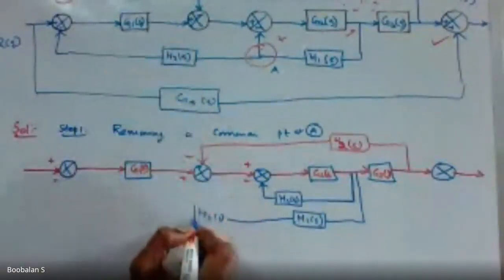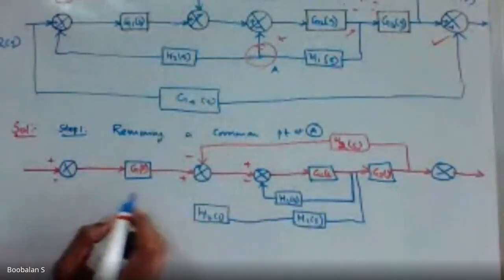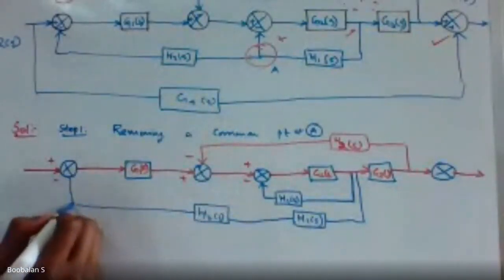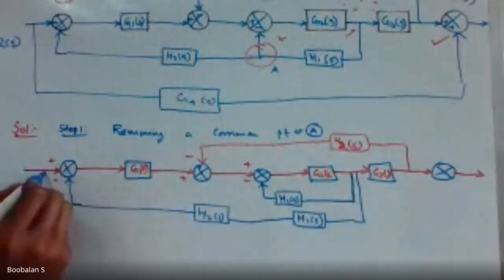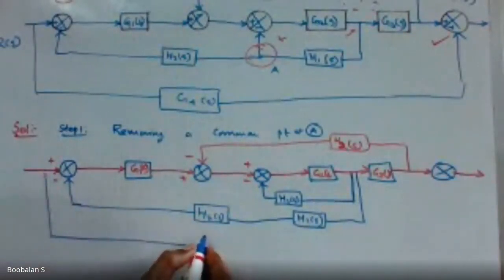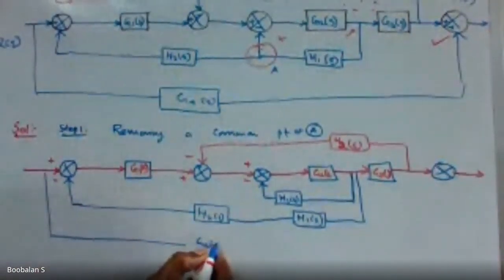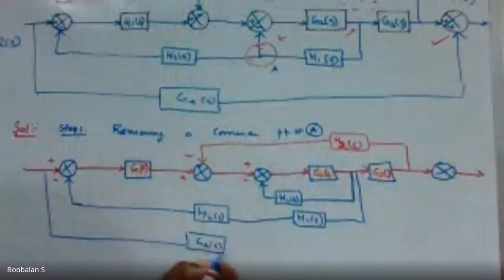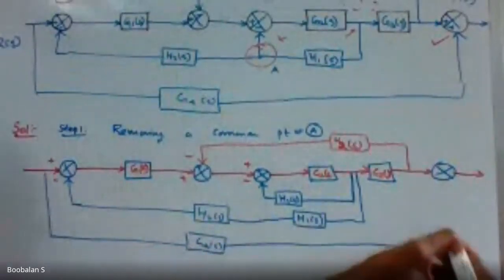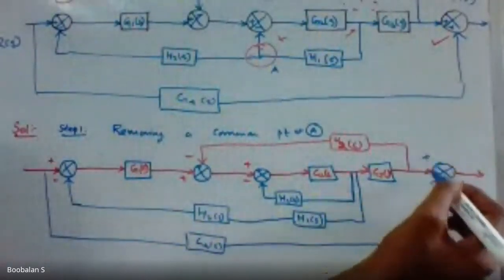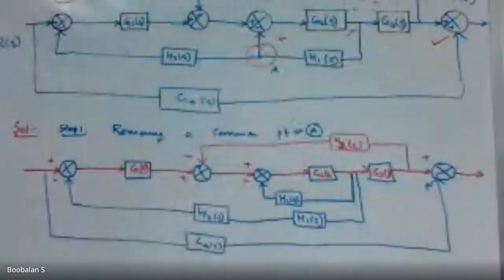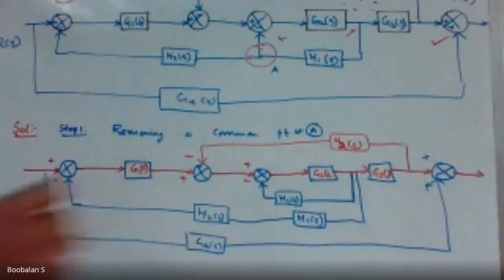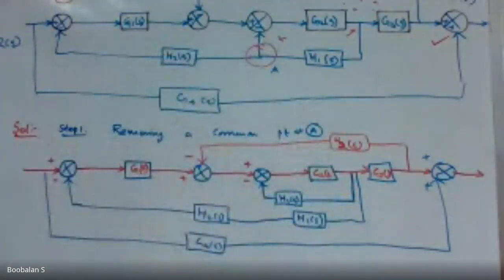Nothing wrong in that; I'm just splitting into two diagrams, and then I connect here, and I have one more forward path. G4 of S is already here, and I'm not disturbing it. It's nothing difficult, it should be very easy. I'm only splitting this common point, so this is one small change. Then we could easily go ahead.